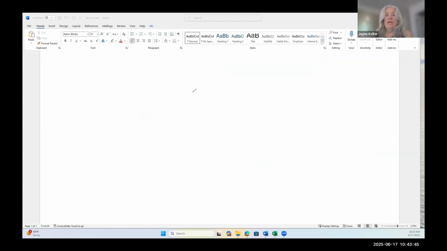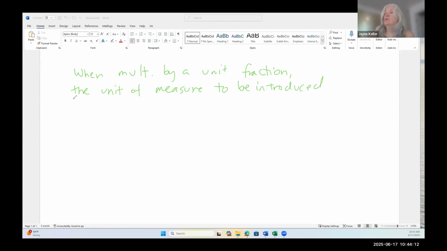The next question we have is: when multiplying by a unit fraction, the unit of measure that needs to be introduced should be in the denominator.